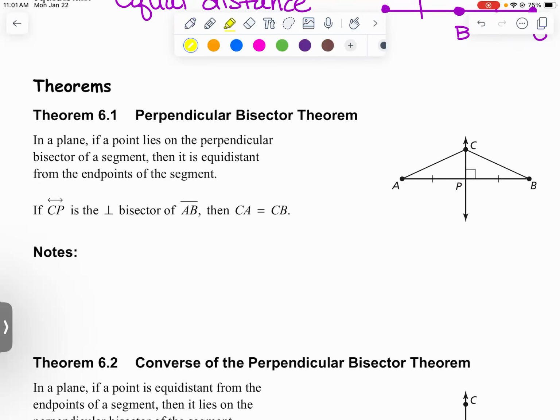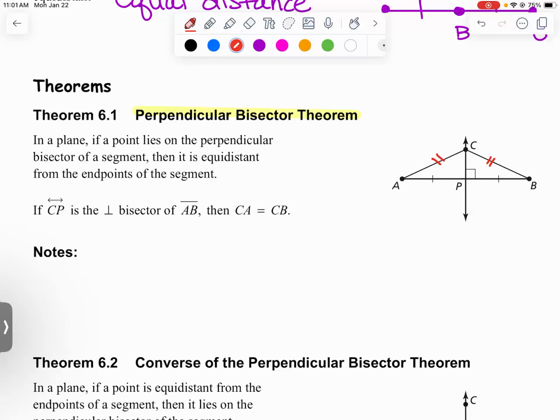Also, C is equal distance to A. Oh, is that what that means? Yes. CP is the bisector of A B. So yeah, we can mark this up right here. First of all, let's talk about this CP line.